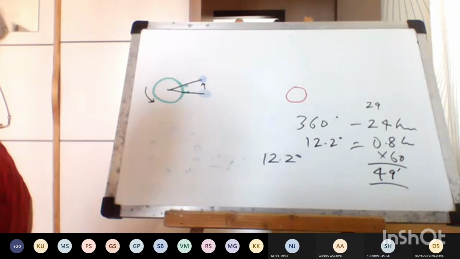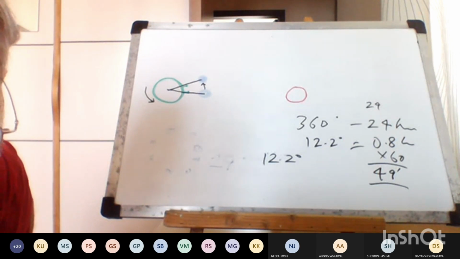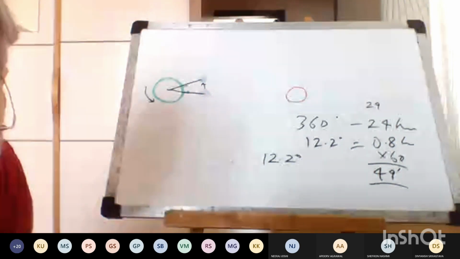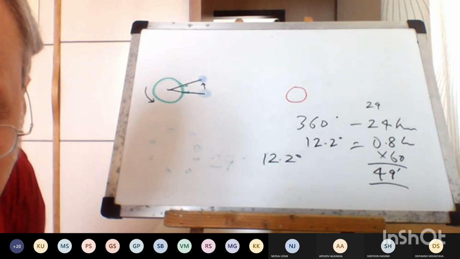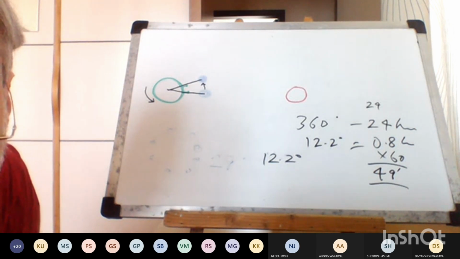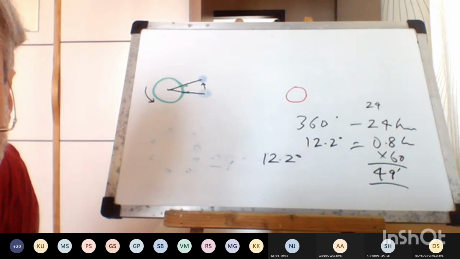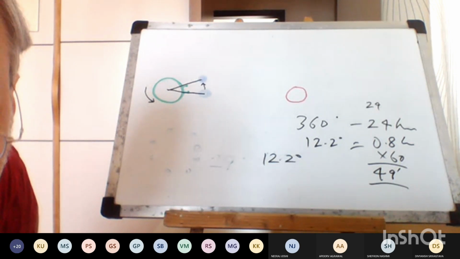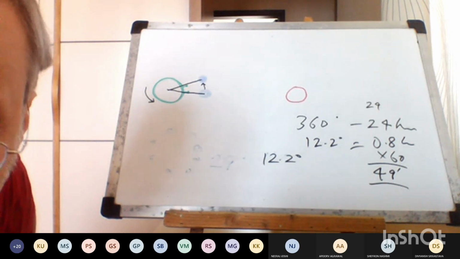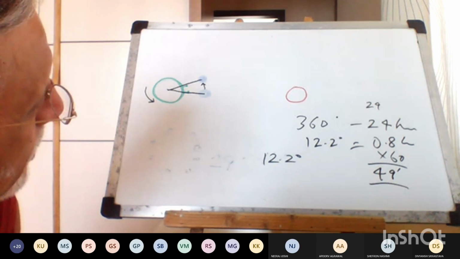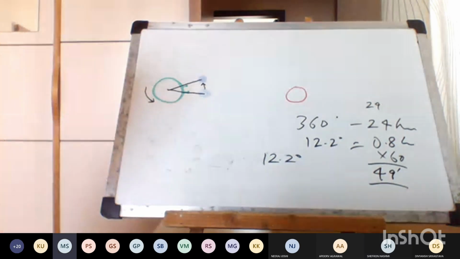If it is taking 50 minutes more to come to the same position, so if my rising was today at 6 in the evening, tomorrow rising will be what? 6:50. Yes. The next day rising will be again 7:40, because the earth has to rotate a little more to come to the same position. Am I right? Yes, sir.